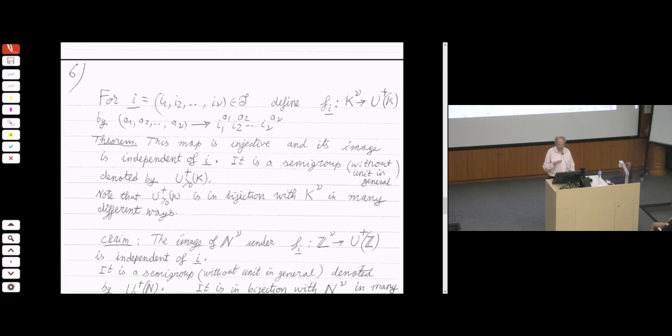And basically you have to use the simply laced case with an automorphism, and you take some invariants, some orbits of the automorphism on this semigroup for a simply laced group. So in some sense, the theory of non-simply laced groups can be reduced to simply laced groups.